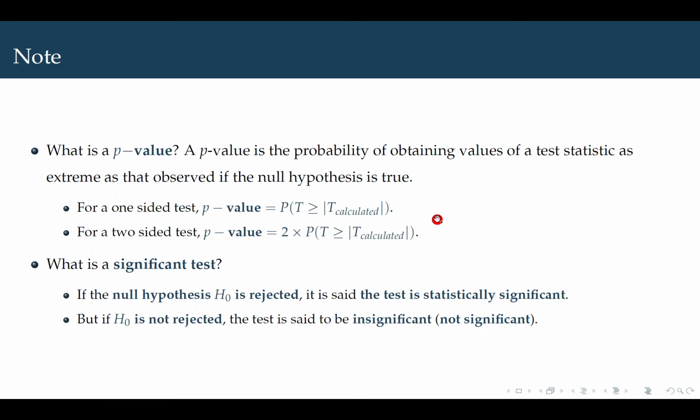So now let's define what a significant test is. What do we mean by a test being significant? If the null hypothesis H naught is rejected, then the test is said to be statistically significant. So a statistically significant test is nothing but a test where H naught is rejected. But if H naught is not rejected, the test is said to be insignificant, or not significant.